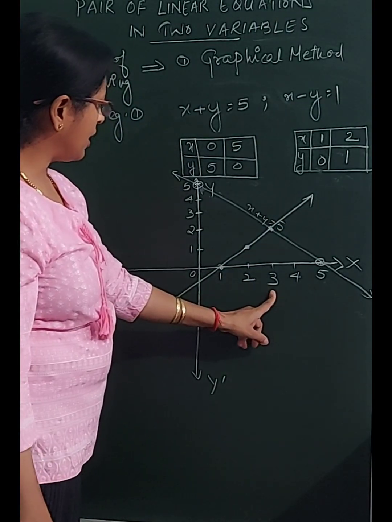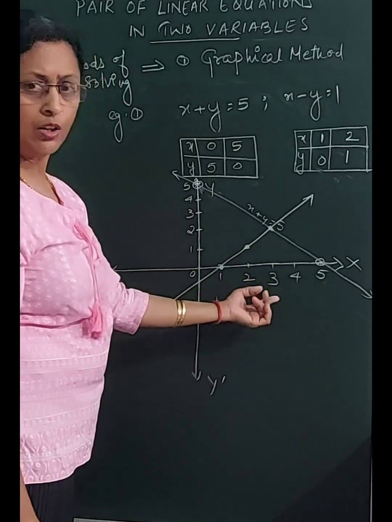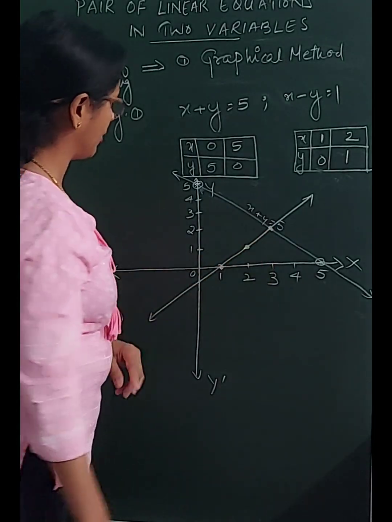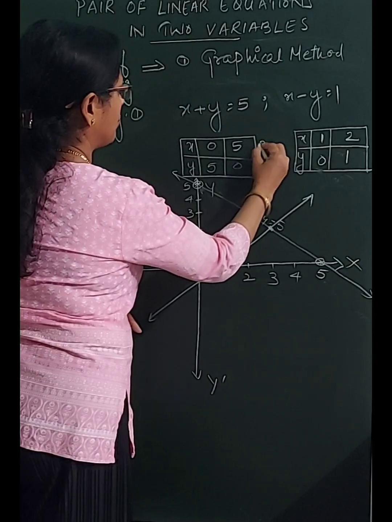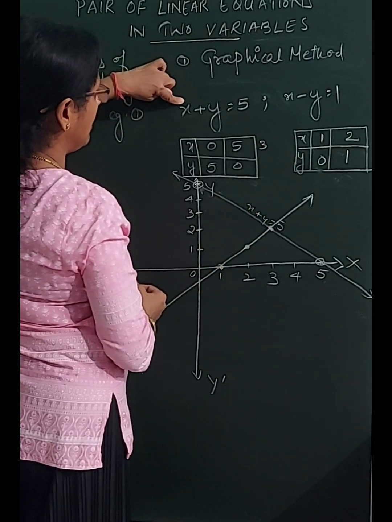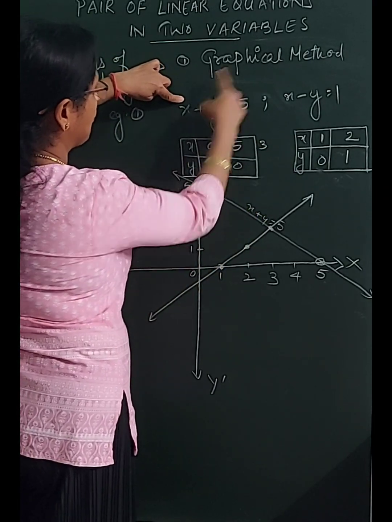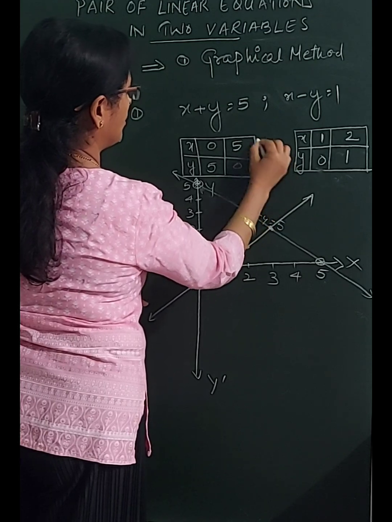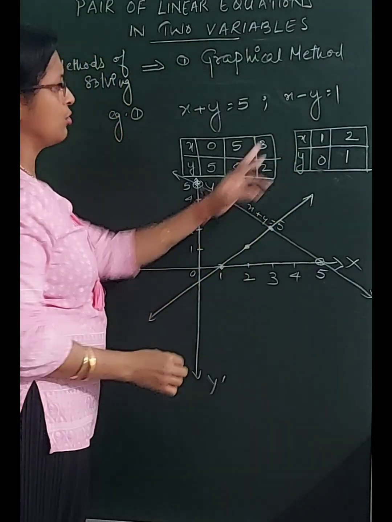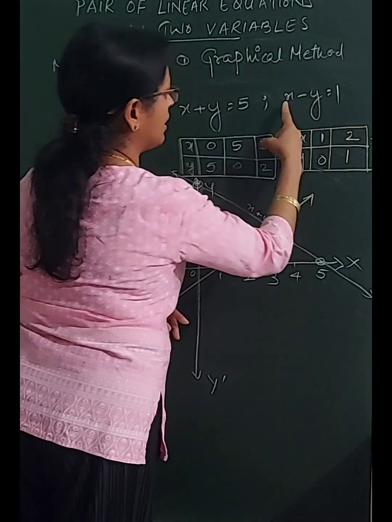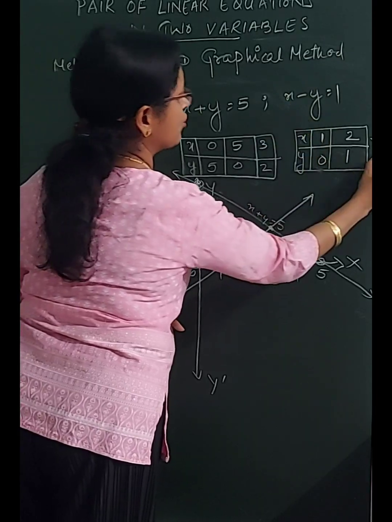The corresponding x value is 3, and for finding out the coordinates of this point, we can put x is equal to 3 in this equation. If x is 3, then y will be 5 minus 3, that is 2. So (3, 2). Check with the second equation also. If you put x is equal to 3 here, 3 minus 1, that is 2.